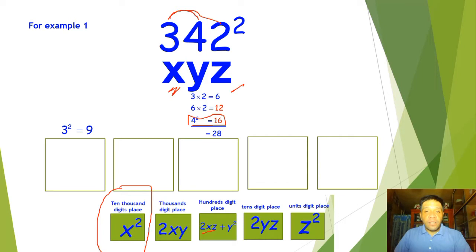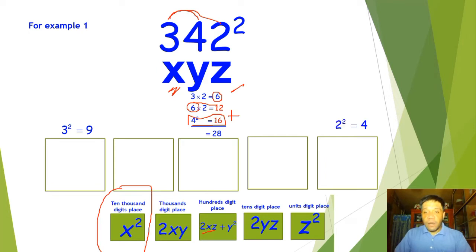We have 3 times 2, which is 6. Twice of 6 is 12, and after that we take the sum of 12 and 16, so we have 28 as their sum.